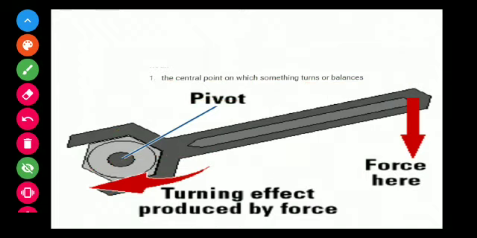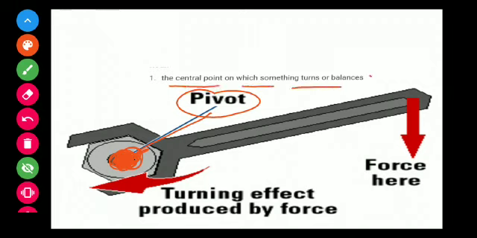If we apply a force, then there is a turning effect. If we apply a force on a nut, there is a turning effect, there is a rotation, and this rotation is about a fixed point or about a fixed axis, and this particular point at which the body turns, that point is the pivot. What is the pivot? The central point on which something turns or balances.